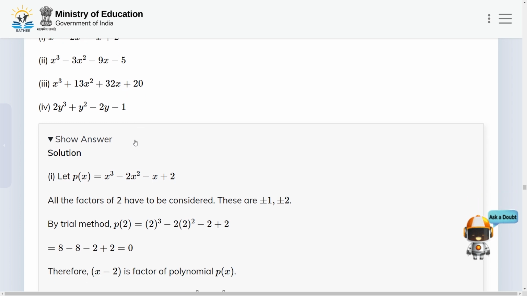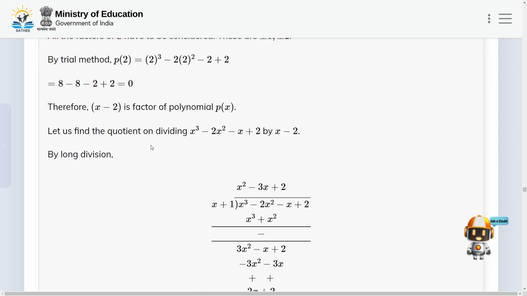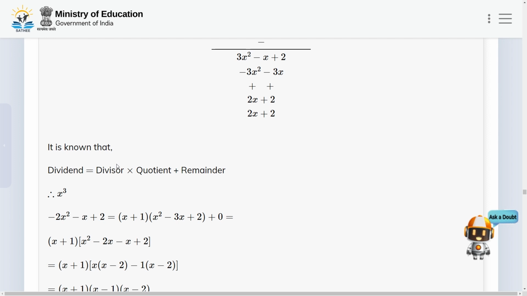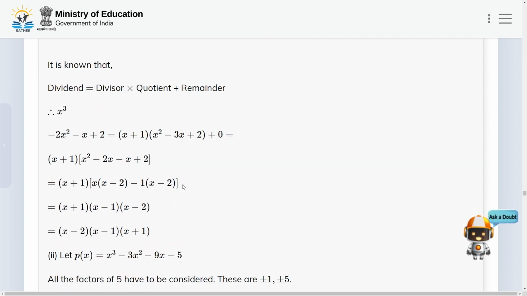Then by hit and trial method we find one of the factors of the cubic polynomial, and then we use the long division method and find the quotient, and we use the division algorithm, that is, dividend is equal to divisor into quotient plus remainder. So by using this we are able to factorize the cubic polynomial.